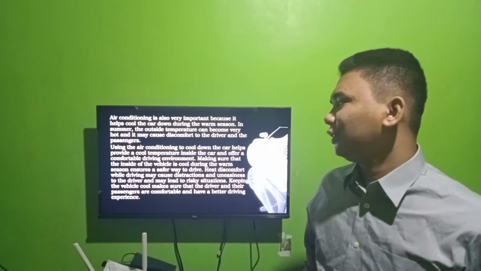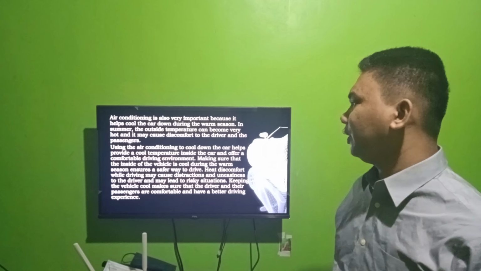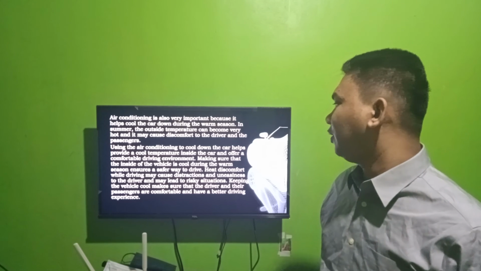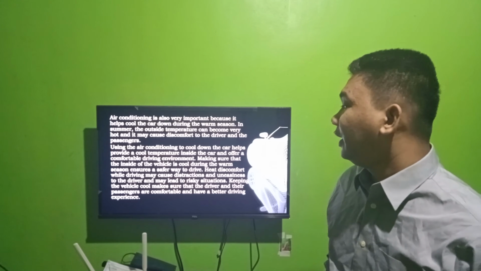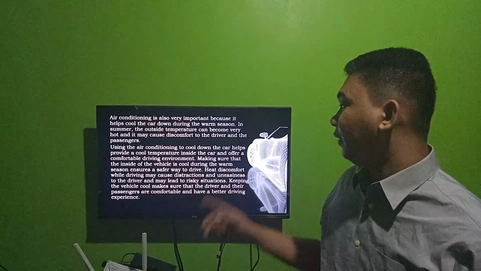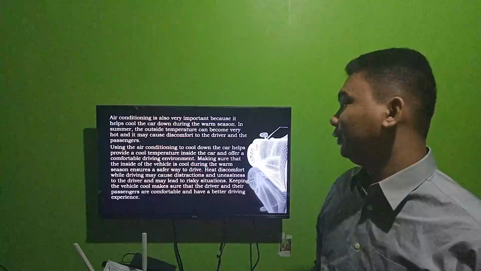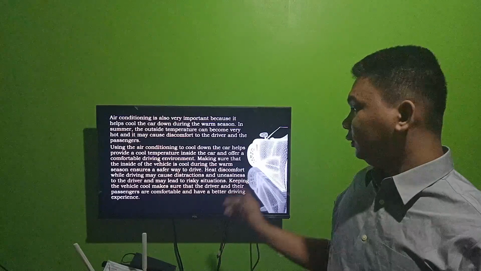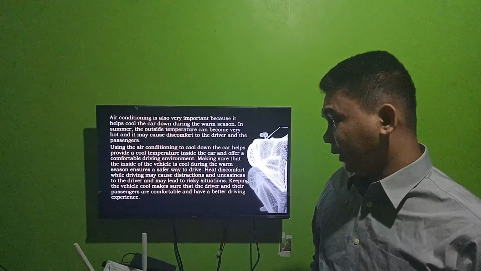That is very exhausting also. So using the air conditioning to cool down the car provides a cool temperature inside, offers a comfortable driving environment, making sure that the inside of the vehicle is cool during the warm season. So it ensures a safer way to drive.